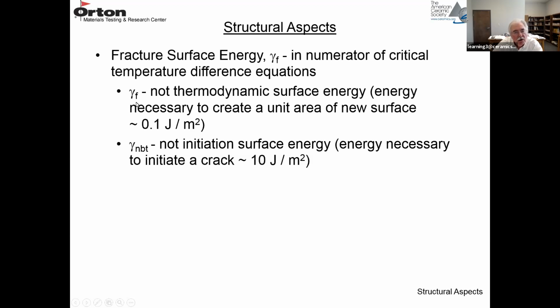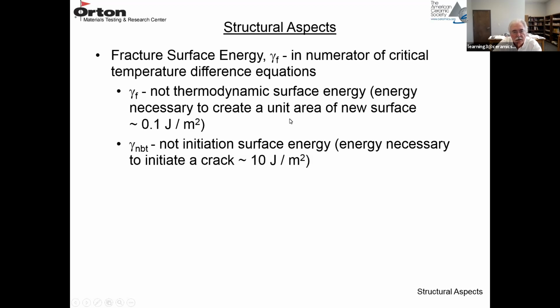Many years ago, it was believed that this fracture surface energy was the thermodynamic surface energy, which is just the energy necessary to create a unit area of new surface, on the order of 0.1 joules per meter squared.